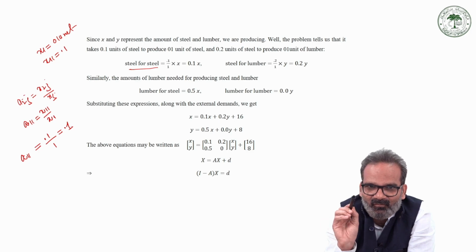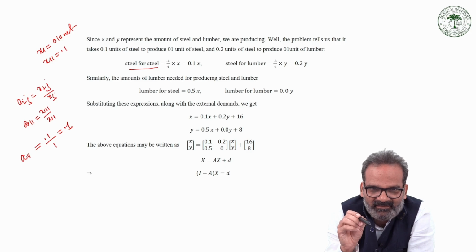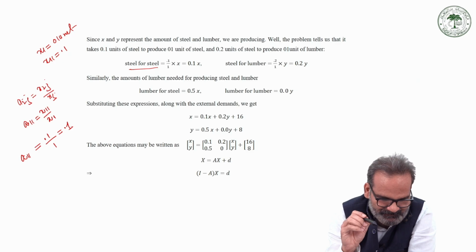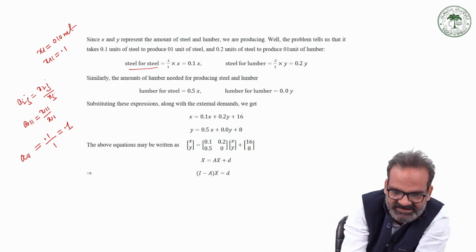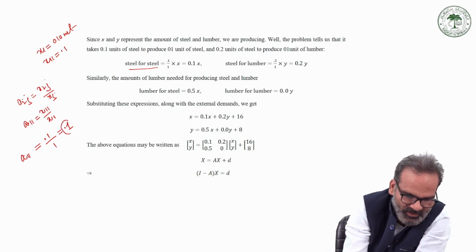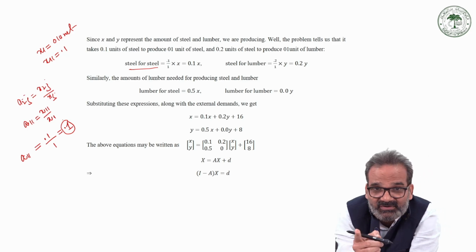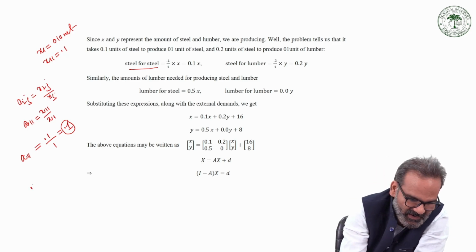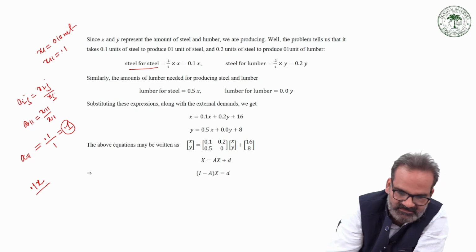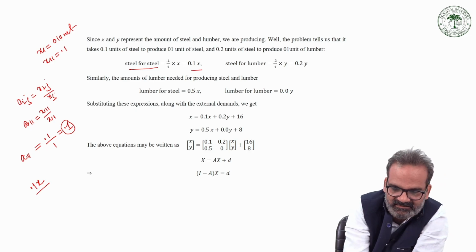So if 1 unit of steel is being produced by steel itself and it is coming out to be 0.1, then X units of steel will be produced by 0.1 into X.